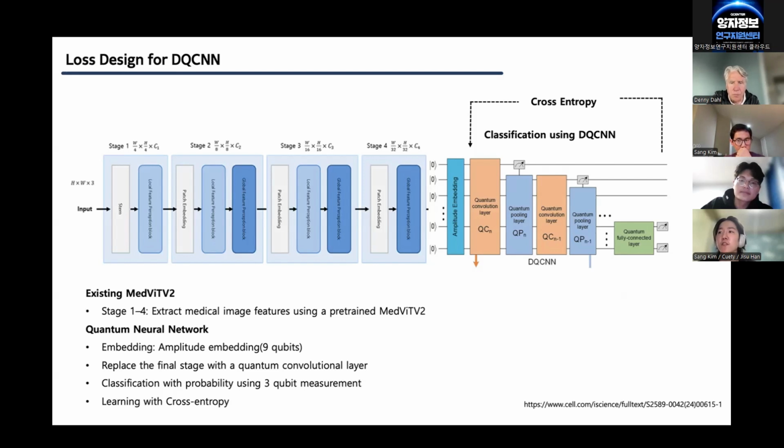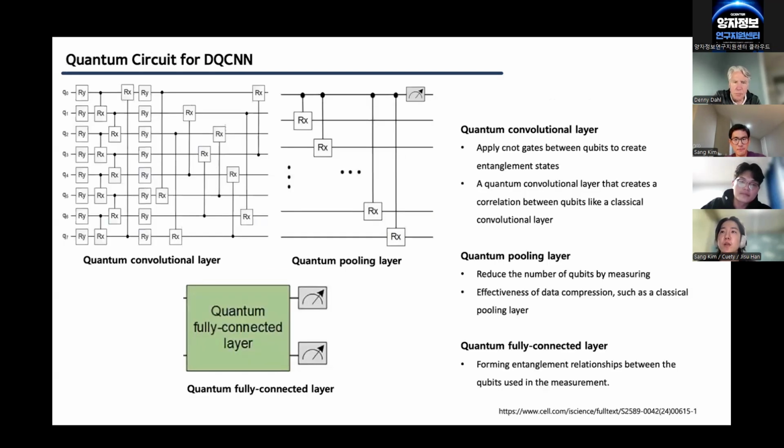And finally, classification is performed through a quantum fully connected layer. For training the QCNN, we used cross-entropy loss to optimize the network. In the quantum convolutional layer, entanglement is applied between qubits to enable a more expressive feature transformation.